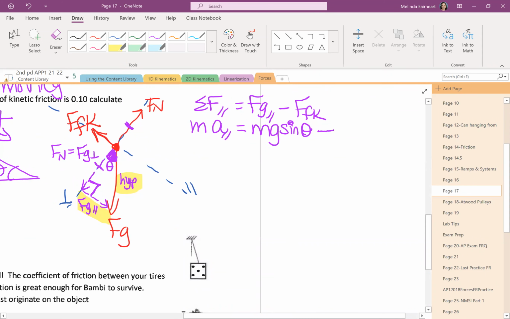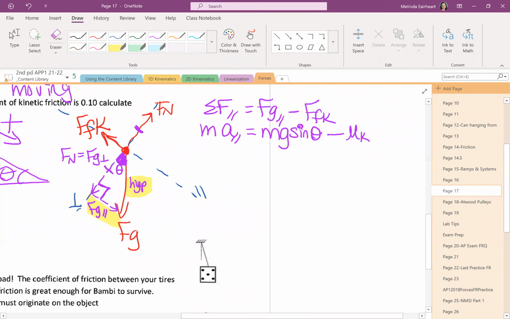Minus, what's our newish equation for force of friction? Mu k times Fn, normal force, right? And so what did we say was true about normal forces on a ramp? Right, it's FG perpendicular.